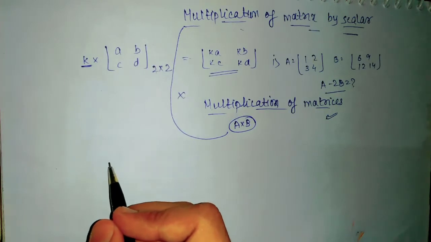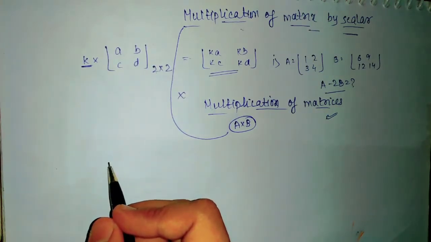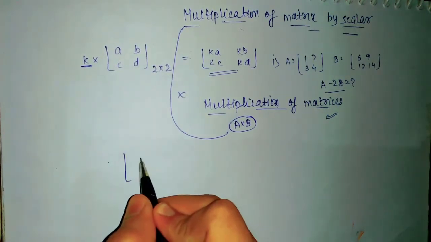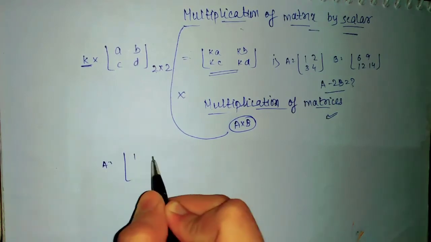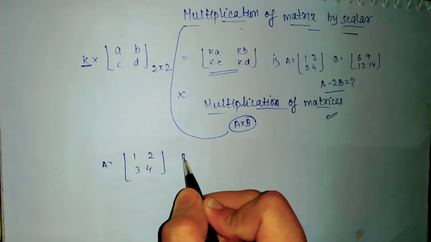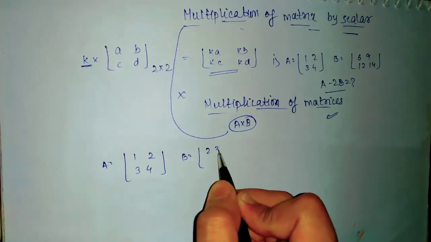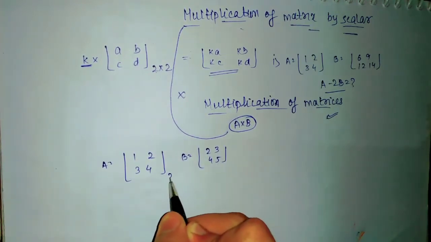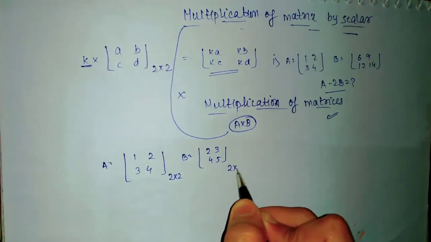Now let's take an example. Let matrix A be equal to 1, 2, 3, 4. Matrix B is equal to 2, 3, 4, 5. It's a matrix 2 into 2.